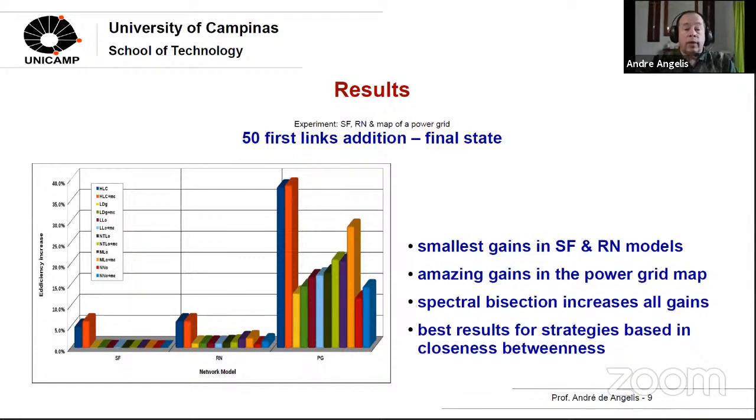For random networks, we have a slightly better result, but not so good. And as we can see in the chart, the real map, that is a concrete example, had an amazing result. And unfortunately, we don't know yet what are the properties of the networks that could cause this phenomenon.